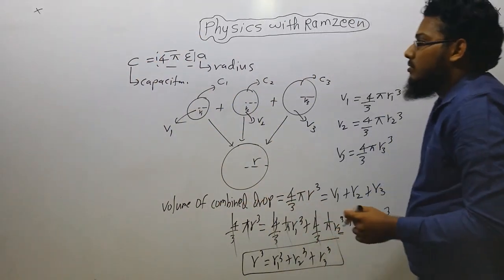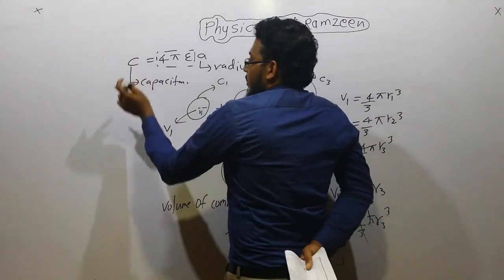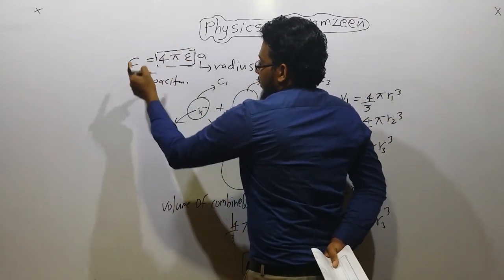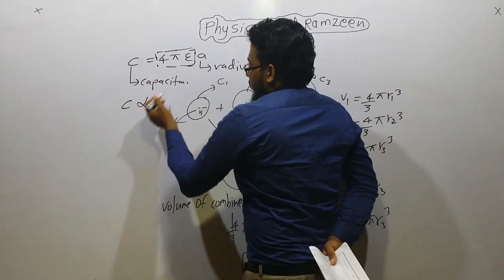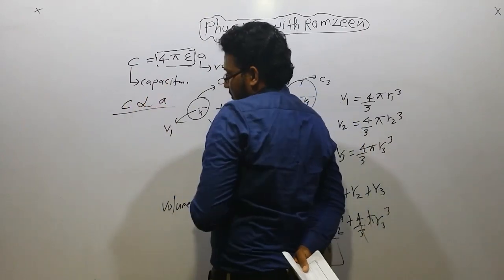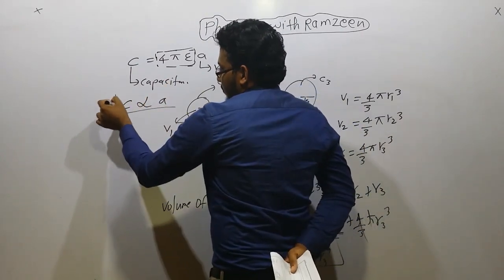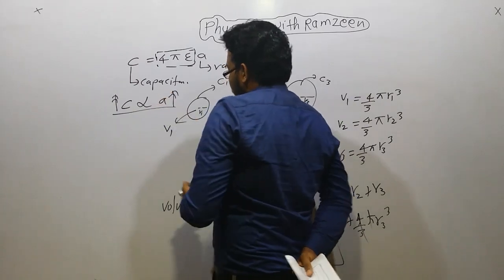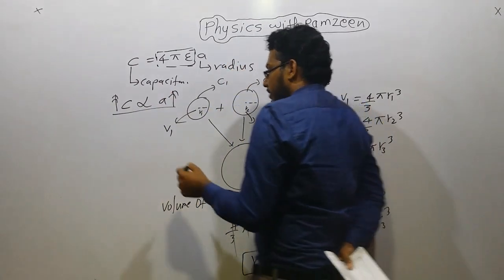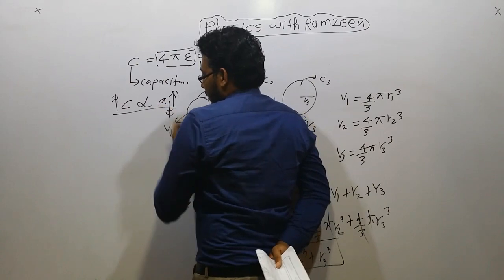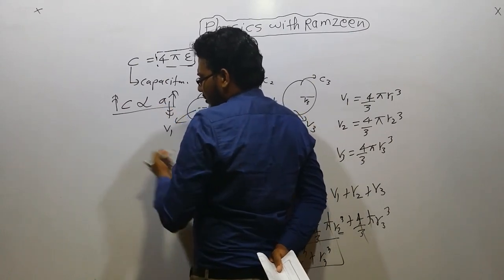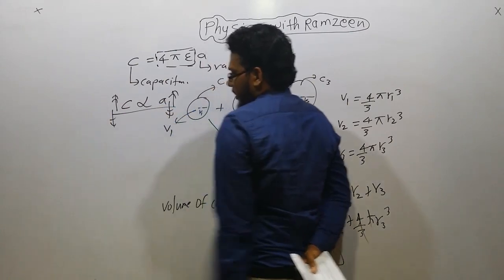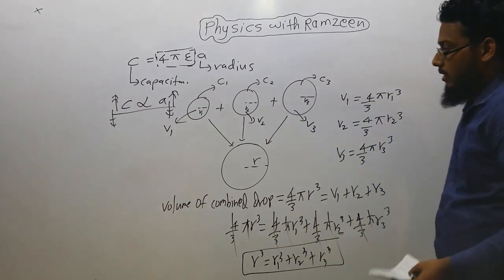It doesn't matter. So I can say C is proportional to A. What does it mean? When the radius rises, capacitance rises. Otherwise, when the radius is lower, the capacitance also gets lower, right?